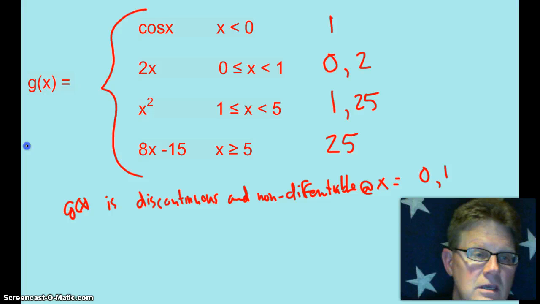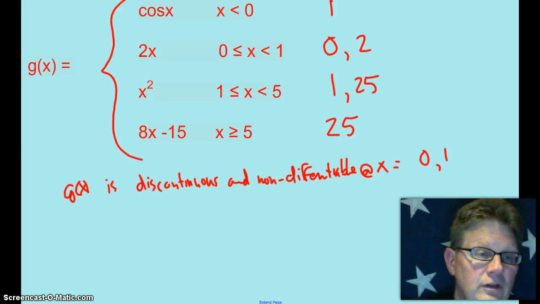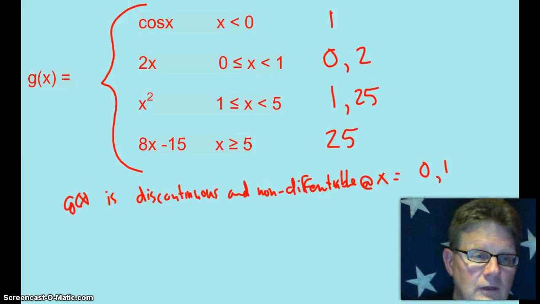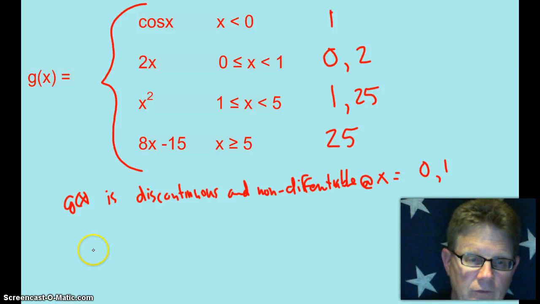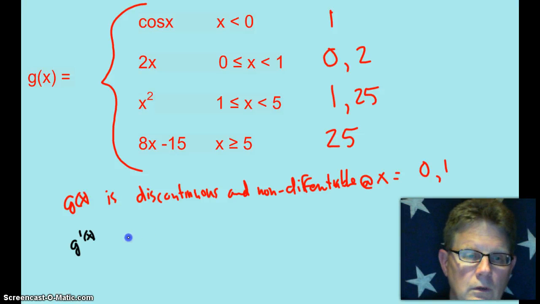Now let's see if g of x has other non-differentiable points by looking at the limits of the derivative. So let's see here, g prime of x equals negative sine x for x less than 0.